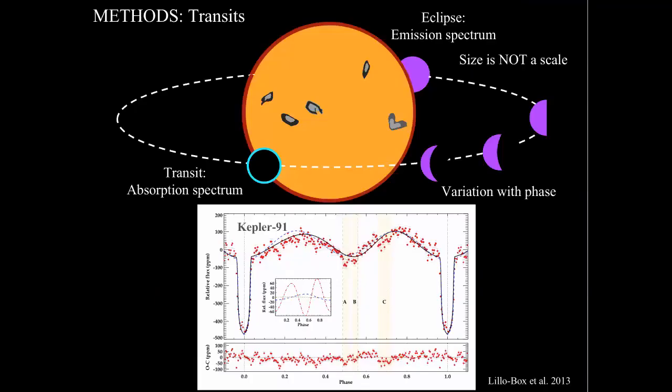But we do many more things with this kind of information. Because, as I said before, we also have the planet going behind the star. So we have a secondary eclipse that is related with the amount of light that comes directly from the surface of the planet. So we can have direct access to the properties of the planet. But we also have other characteristics in this geometry.